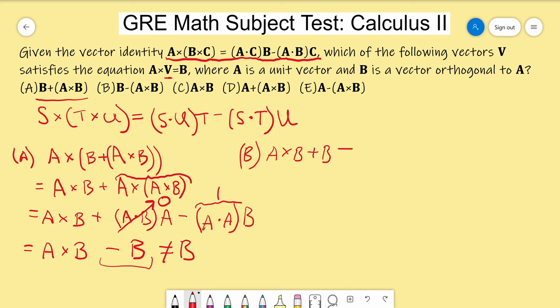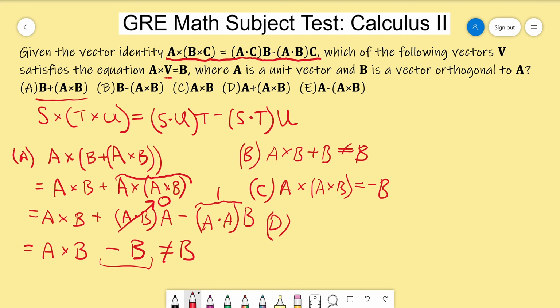So that's also not equal to B. C is just A cross A cross B, which is the same as just this last part of part A, so we know that that's equal to negative B, so that's not our answer.